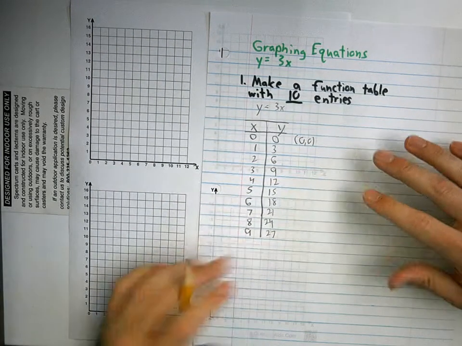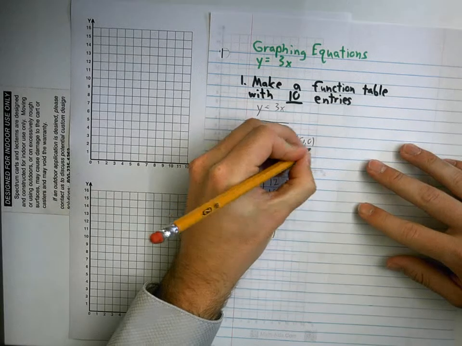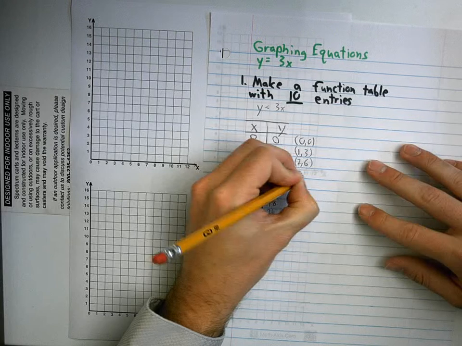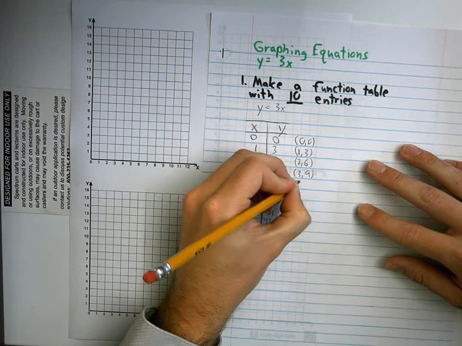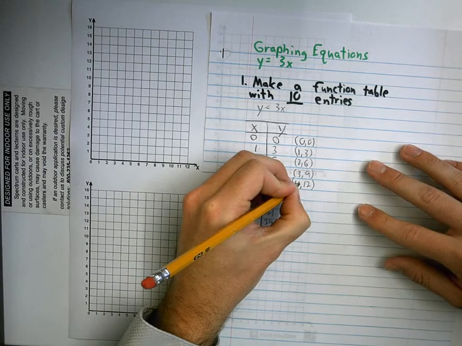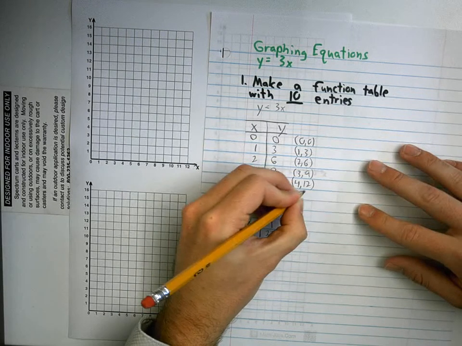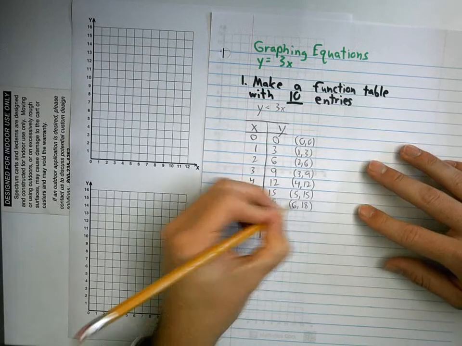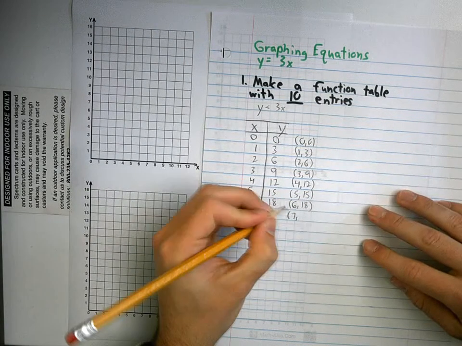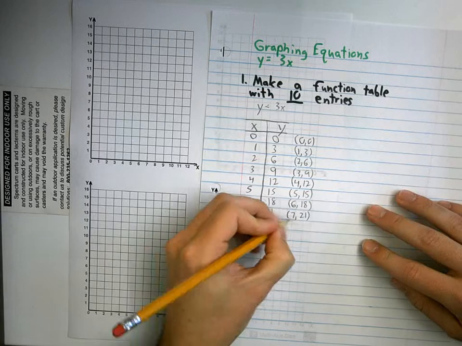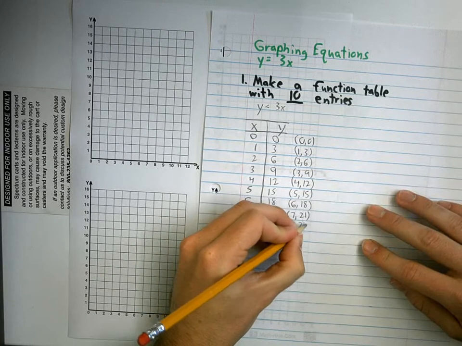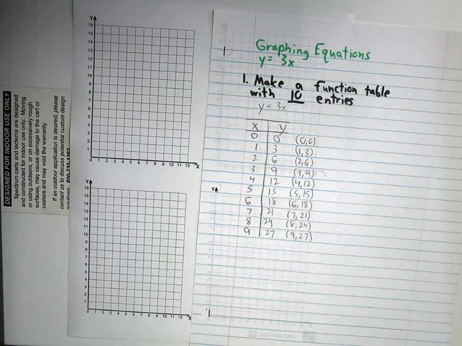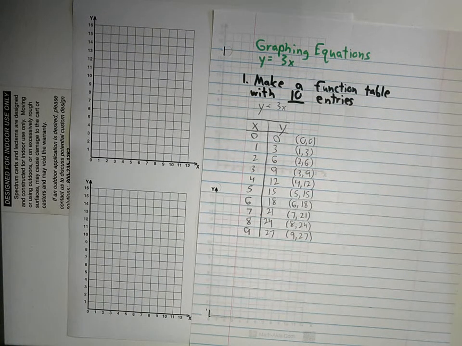Have my parentheses and my comma separating them. 1, 3, 2, 6, 3, 9, 4 and 12, 5 and 15, 6 and 18, 7 and 21, 8 and 24, 9 and 27. Now I can graph this. Pretty easy.